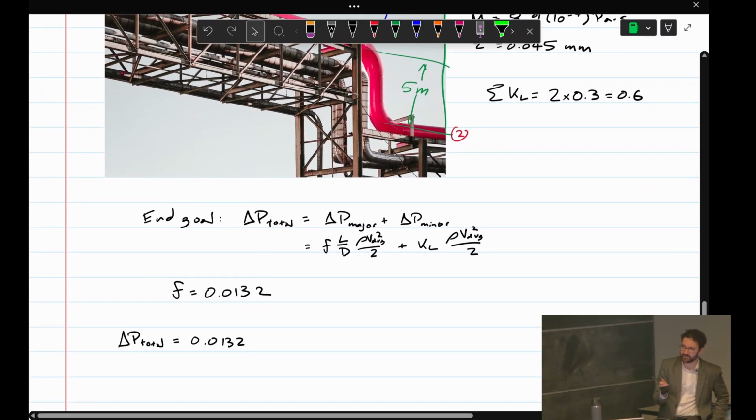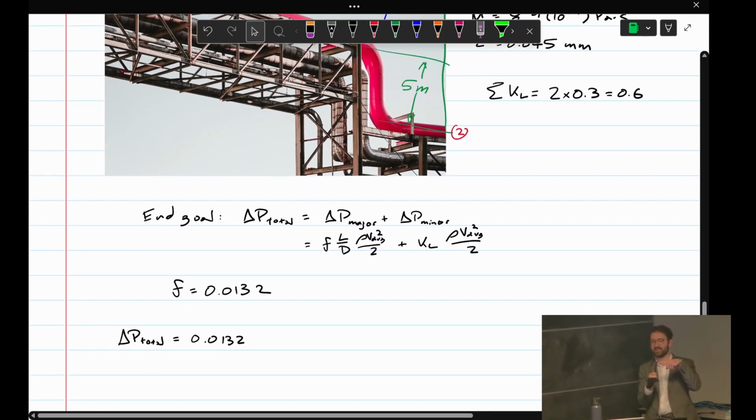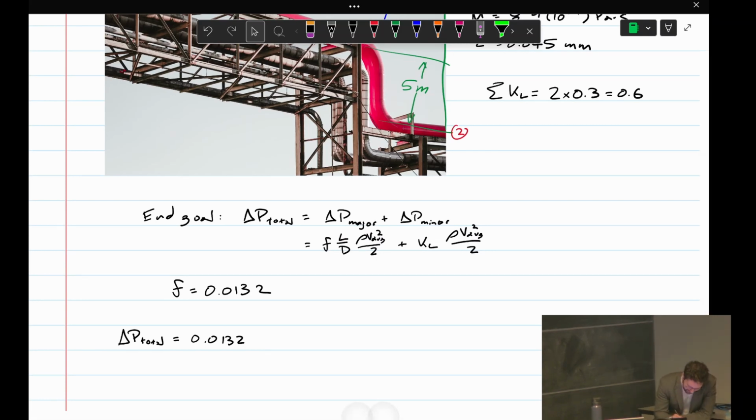You don't worry about the fact that it's not exactly 90 because it kind of bends through. That's accounted for in the minor loss calculations. So the total length is 30 plus 5, over the diameter, plus our minor losses.